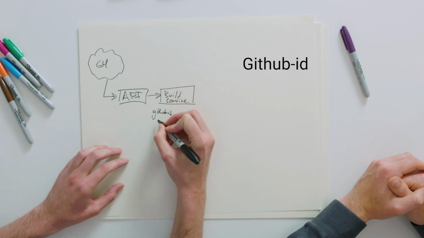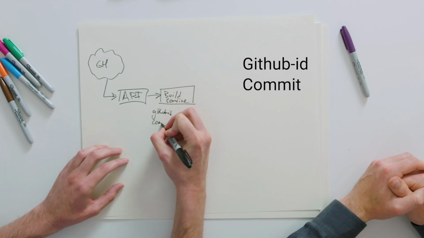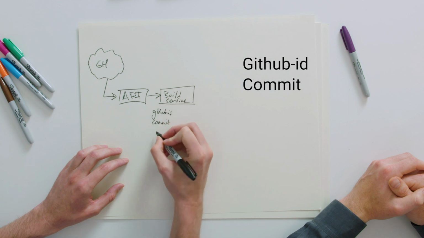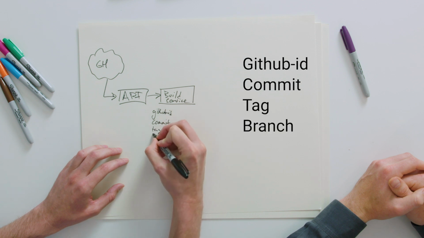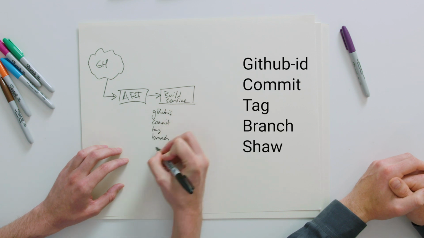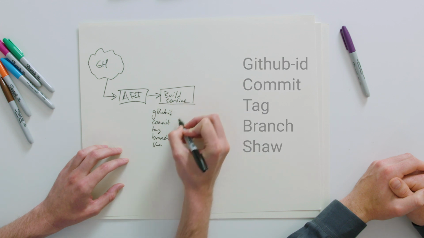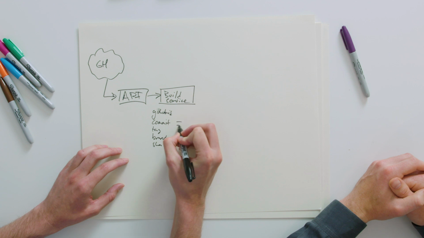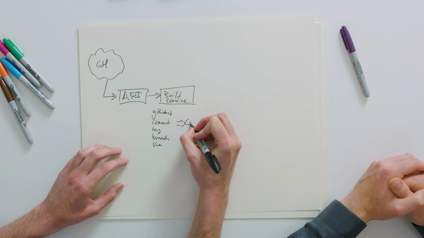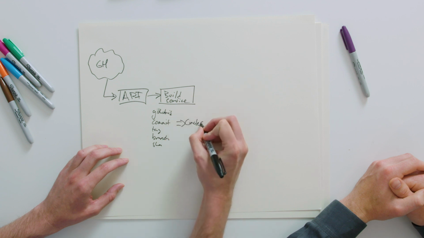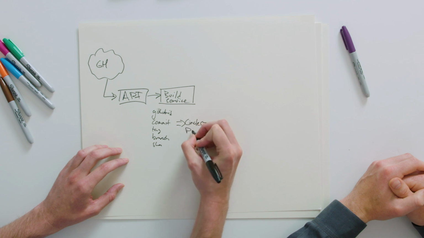It's going to have maybe some specific commit information in it, and certainly tag or branch, the SHA, etc. And most of what we're doing in here is normalizing that into some standardized record that is really CircleCI specific. So at this point, we have what we call a pipeline.